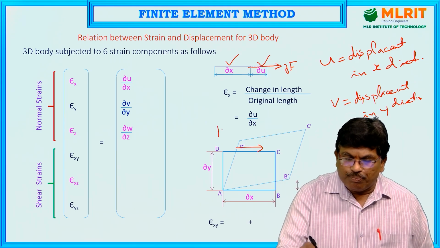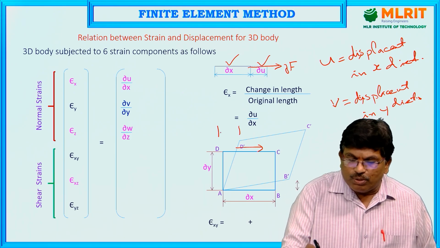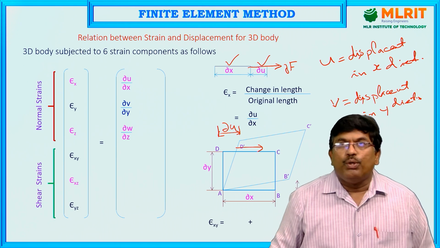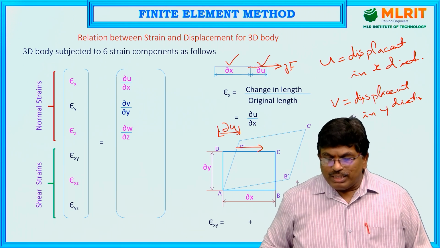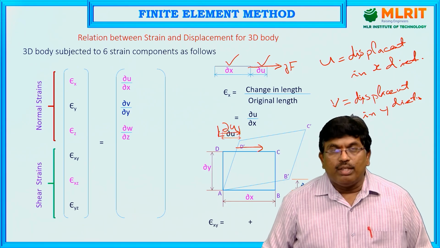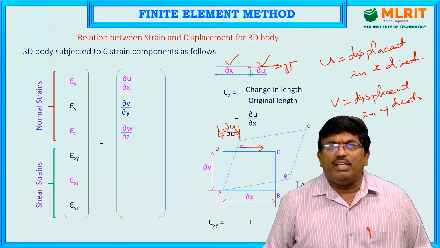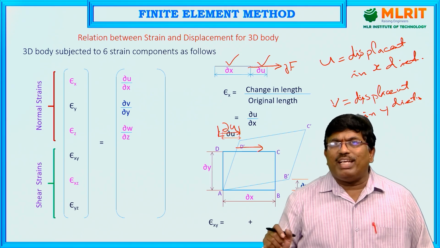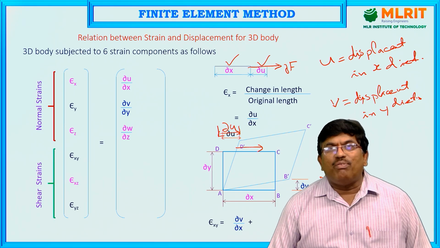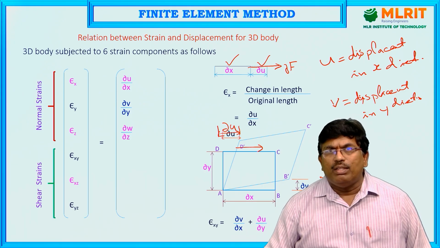Similarly, ∂y is deformed horizontally. This I am taking as ∂u. So here ∂x and ∂y will be deformed as ∂v and ∂u. Then, based on the definition of the shear strain, epsilon xy equals, if you take the x direction, ∂v by ∂x, and if you take the y direction, ∂u by ∂y.